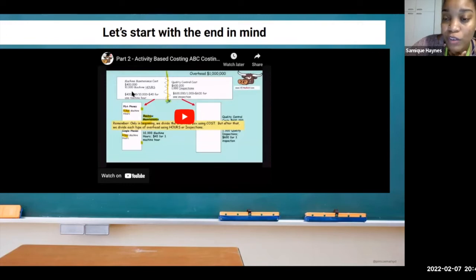The total cost driver was how many hours? Nobody sees how many machine hours they used? 10,000, thank you. So $400,000 divided by 10,000 machine hours is $40 per machine hour. That's our first predetermined overhead rate. The next one will be the one for quality control costs. What will be the predetermined overhead rate for that?